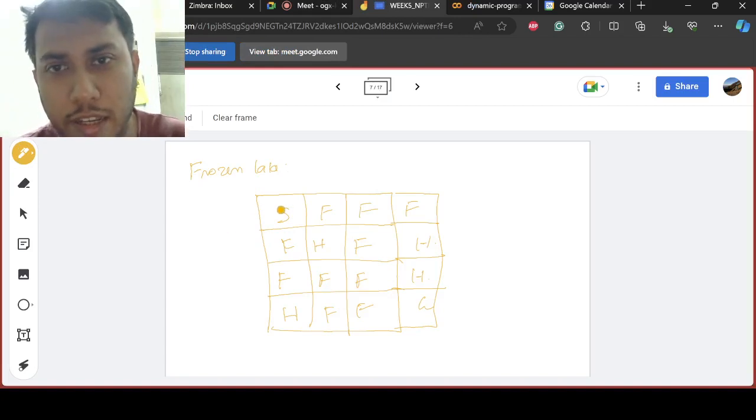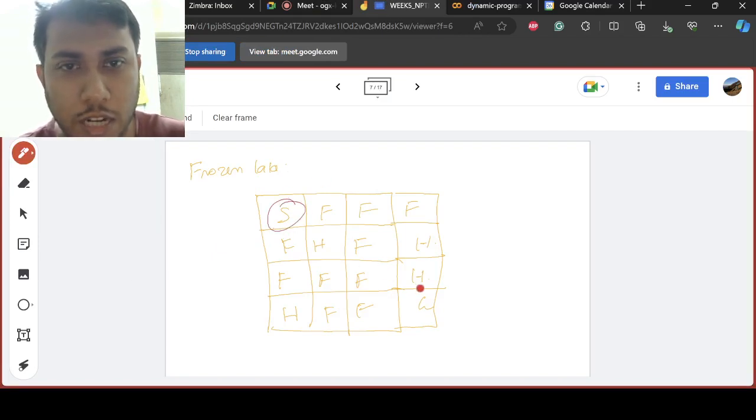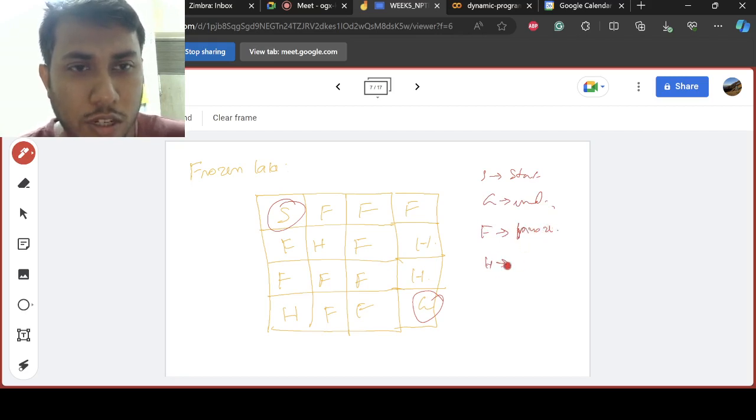Suppose you are currently here, in this position, and you want to reach here. The grid is SFFF, FHFH, FFFH, HFFG. S is your start and G is your end. F refers to the frozen lake, and H refers to a hole.